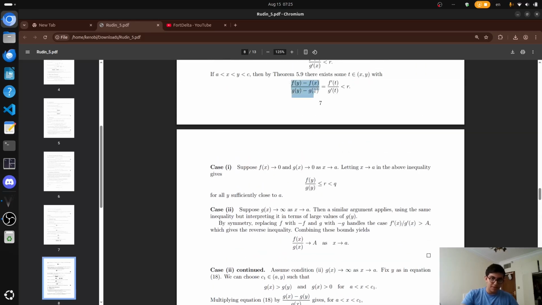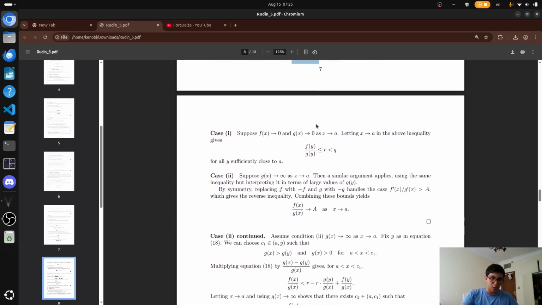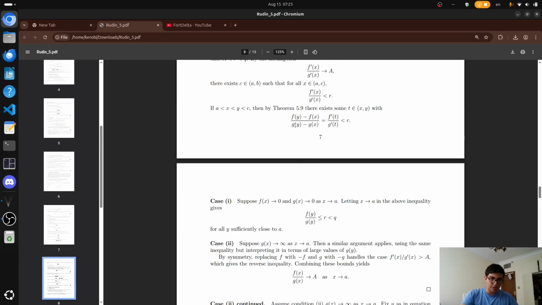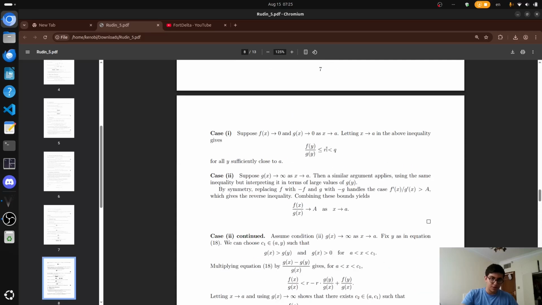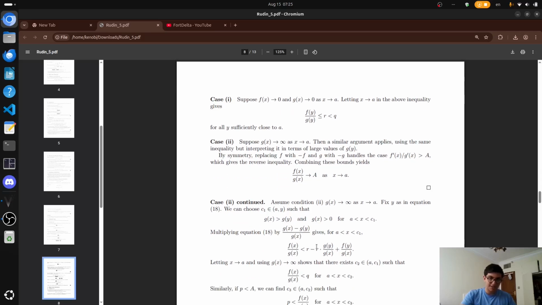We're going to multiply it by this, right? So it's going to give you f of y minus f of x over g of x, because this is going to go away with this, right? And we know that one of the terms goes to 0, and we're just left with f of x over g of x is less than r minus r times g of y over g of x plus f of y over g of x, which goes to the other side.